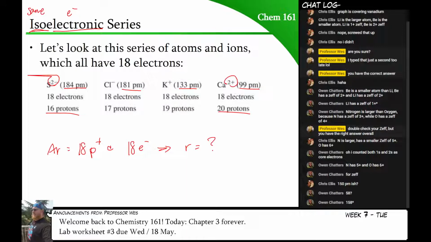Now I'm trying to find another chart here that has this information. So this site says 154, so now I don't know. Oh no, that's argon with a +1 charge.